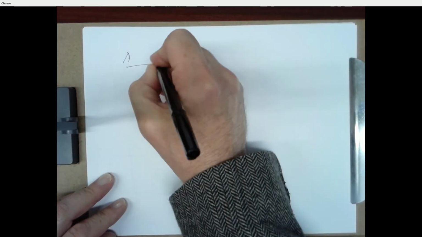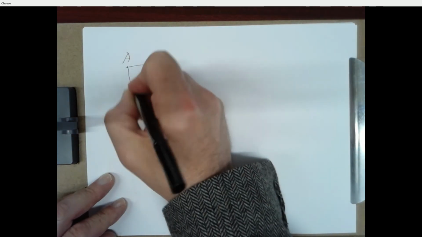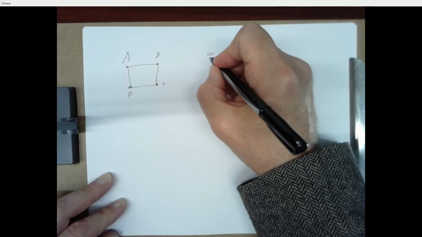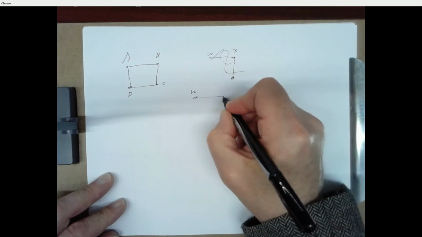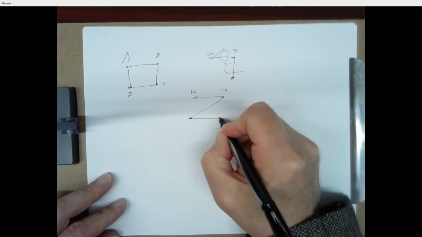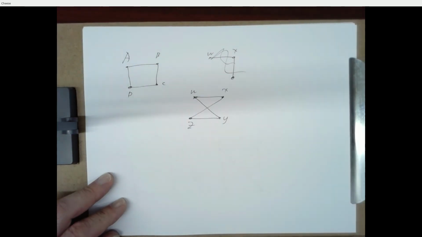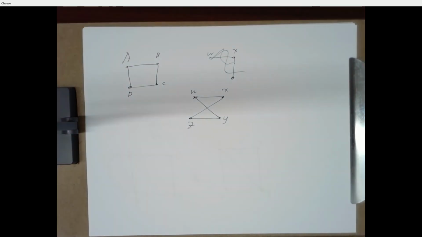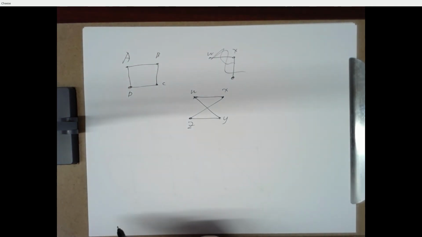So here's A, B, C, D, and here's W, X, Y, and Z. And so can we find a mapping, injective and surjective, between these vertices and these vertices, such that we preserve adjacency?